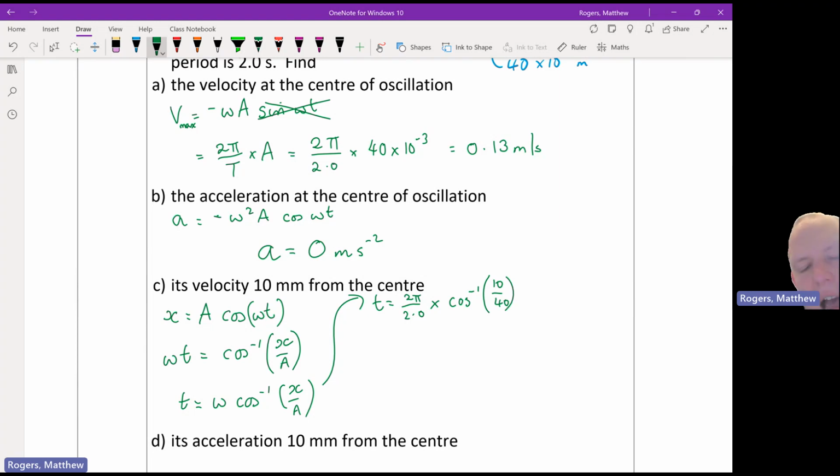Here, the millimeters cancel out, so we can leave off the powers of 10. This is 10 millimeters over 40, which is obviously the same as just doing 1 over 4. So when we make sure our calculator's in radians and then work this value out, it's pi times the inverse cos of 0.25, which is 4.14.